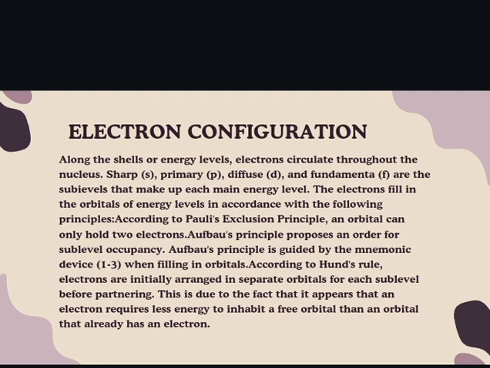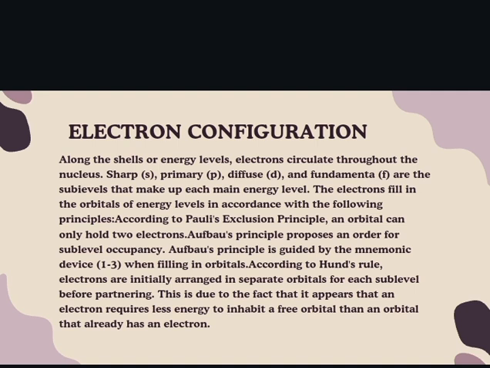Electron configuration. Along the shells or energy levels, electrons circulate around the nucleus. Sharp, principal, diffuse, and fundamental are the subshells that make up its main energy level. The electrons fill the orbits of energy levels in accordance with the following principles.